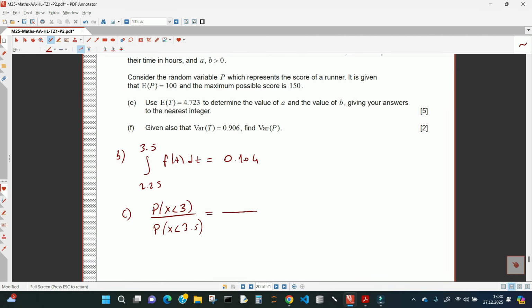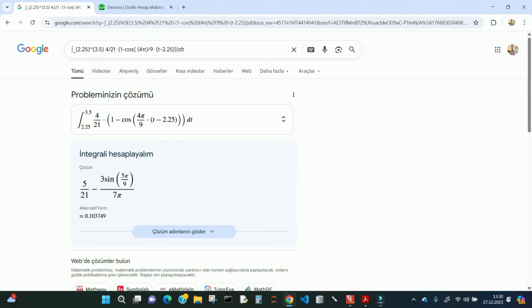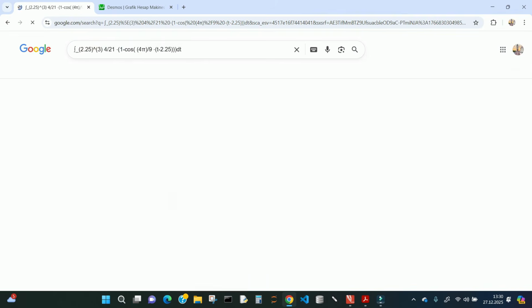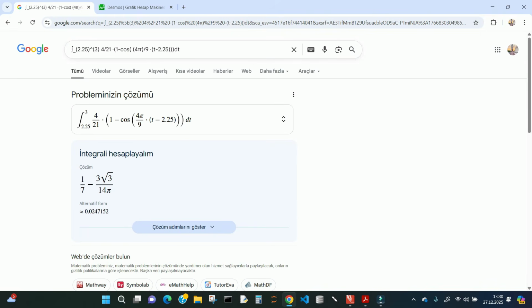I'm looking for this fraction. If we write the upper limit of the integral as 3, it's going to be 0.024 or 5.